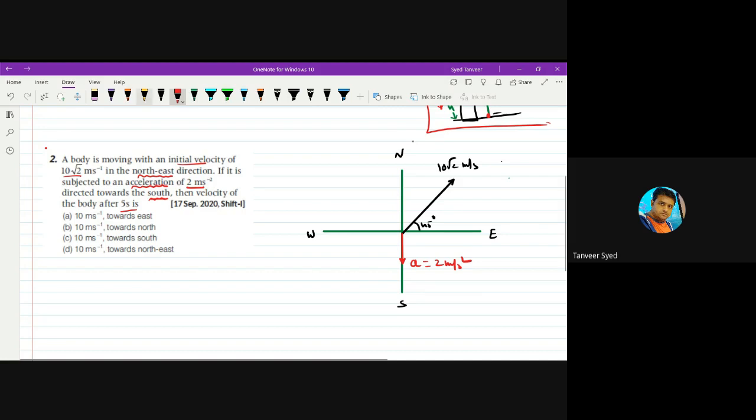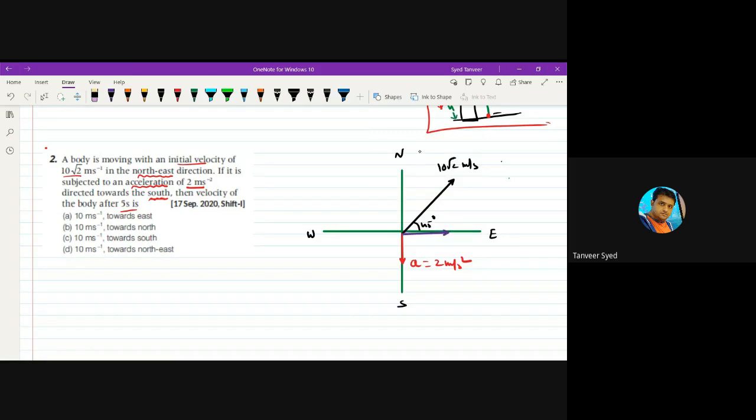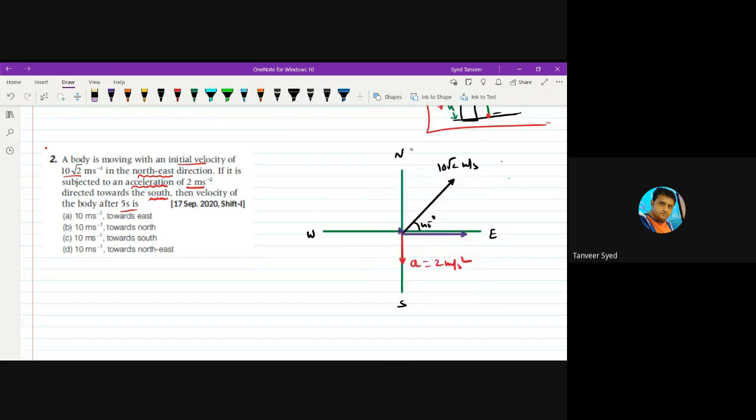To understand this, first of all, I will resolve the velocity into horizontal and vertical components. This is the horizontal component of velocity, and this is the vertical component of velocity.